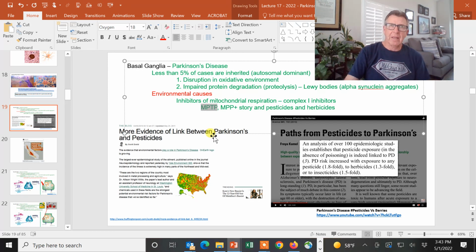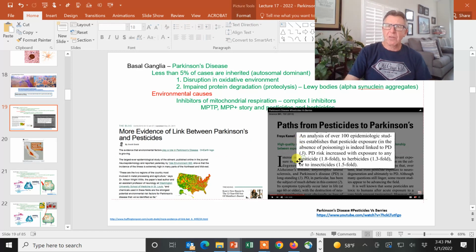The key to the story was that MPP+ looked, for all intents and purposes, just like dopamine to the dopamine transporters. So it was transported back into only dopaminergic neurons, and that's why only the dopaminergic neurons died. Then the MPP+ got into the cells and poisoned complex 1 of their electron transport chain in the mitochondria. So poisoned mitochondria, no more ATP, calcium overload, free radicals, and the cells just died.